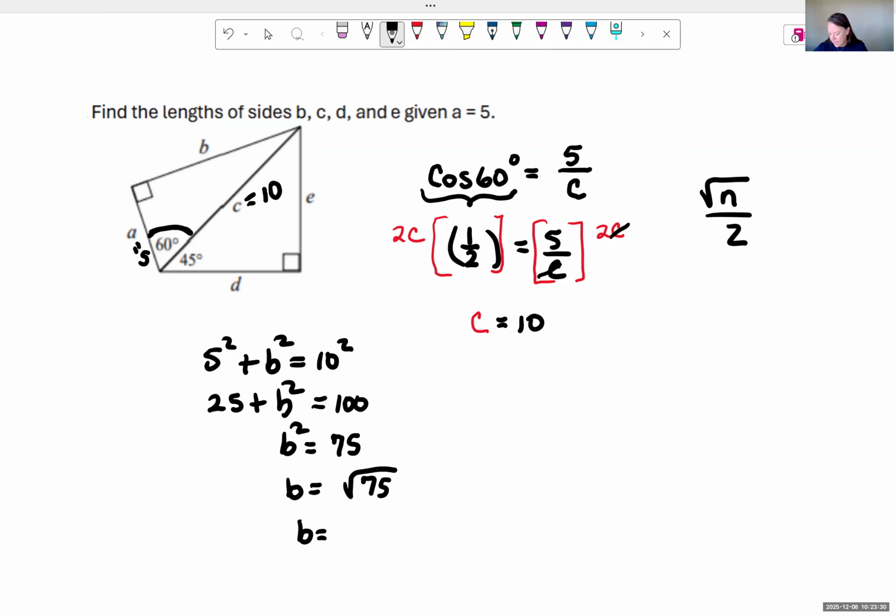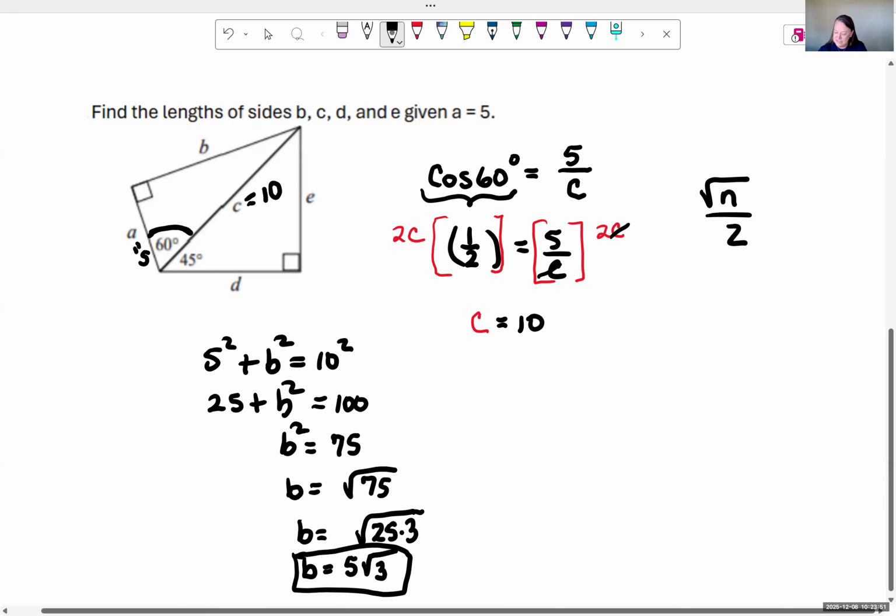I would probably pull out the biggest factor that is a perfect square from 75. 75 could be rewritten as 25 times 3. So b is equal to, well, square root of 25 is 5, and then we're going to leave the 3 under the radical. So now we know what b is, and we know what c is.